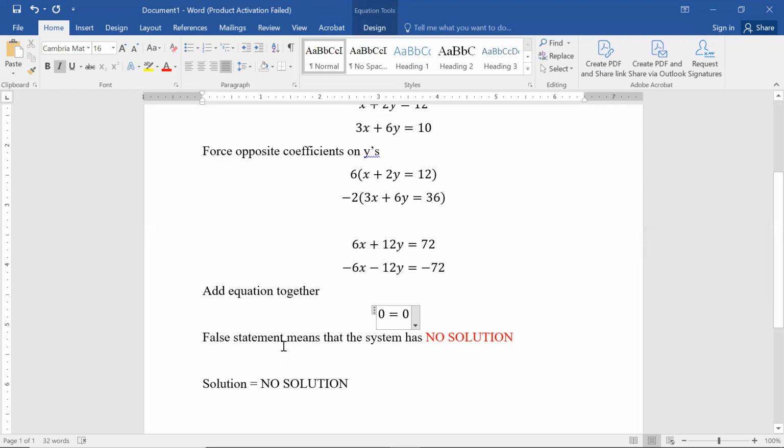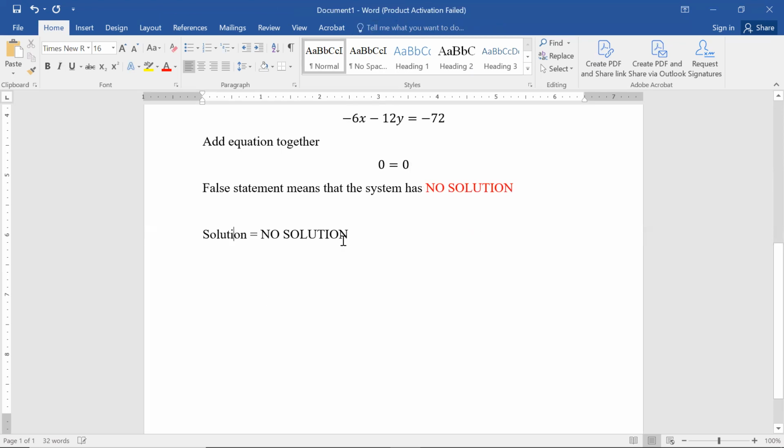In that case, that would have been a true statement. And if the variables drop out and you get a true statement, that means the system has infinitely many solutions.